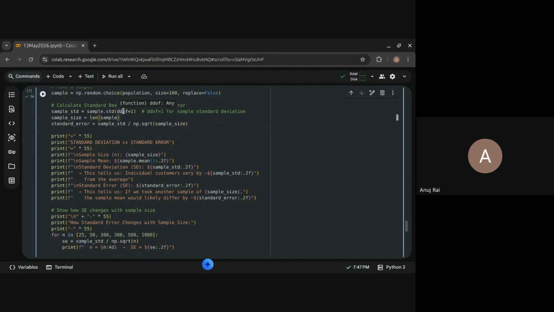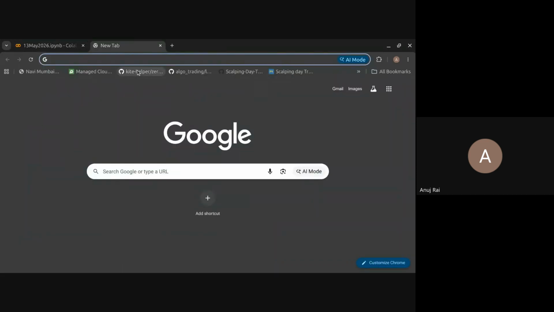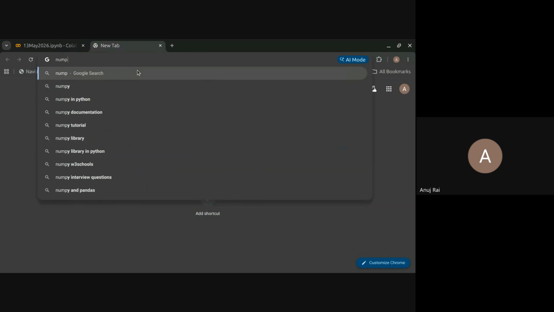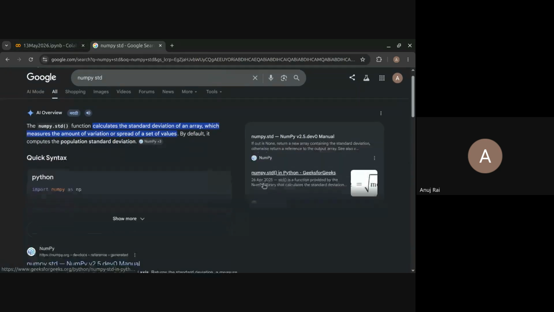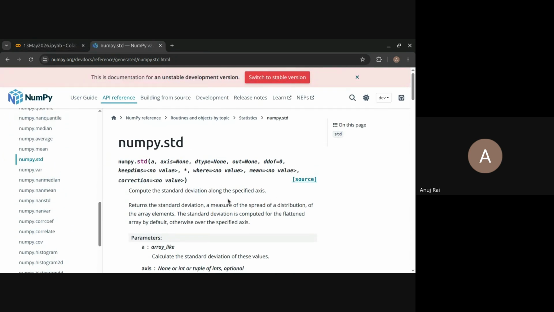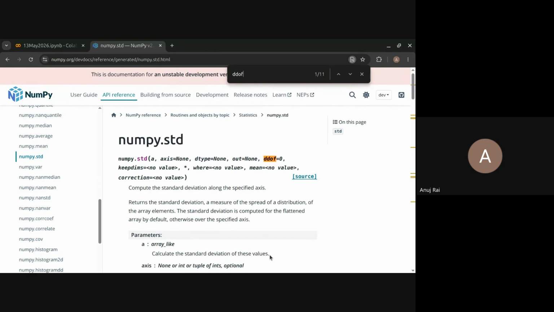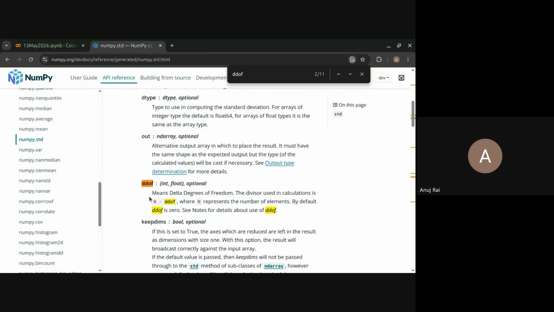Yes. So here the thing is that this is an argument. It tells NumPy that it has to internally calculate n minus 1. Let me see the documentation. So here, if you look at the NumPy documentation, ddof means delta degrees of freedom.